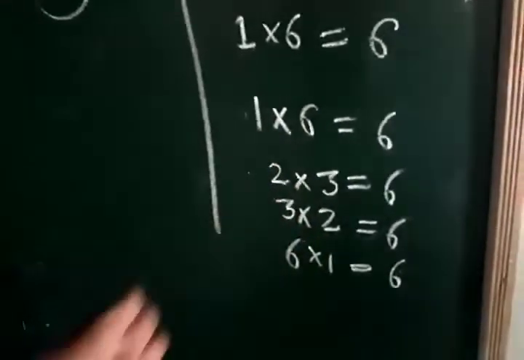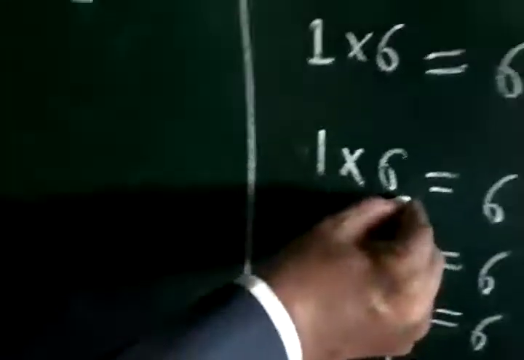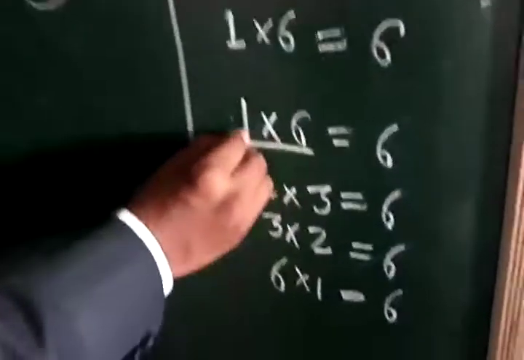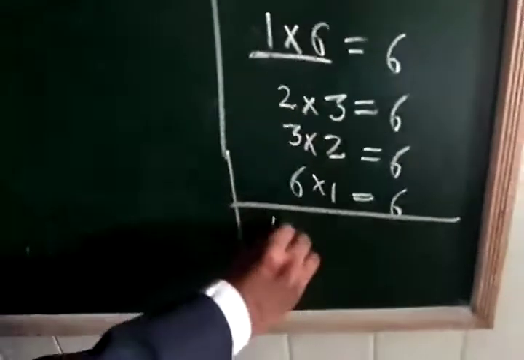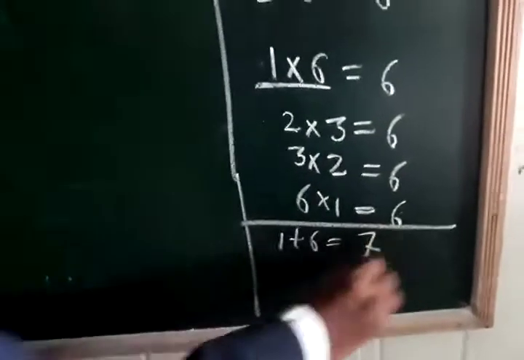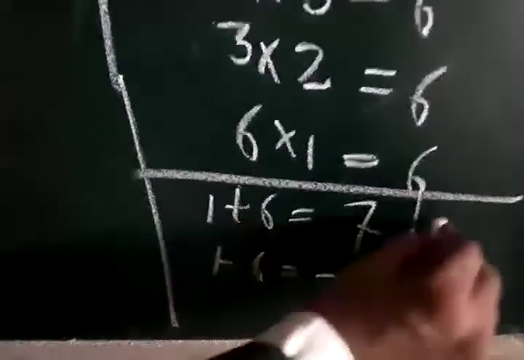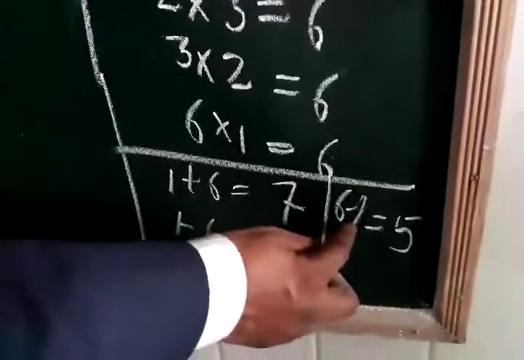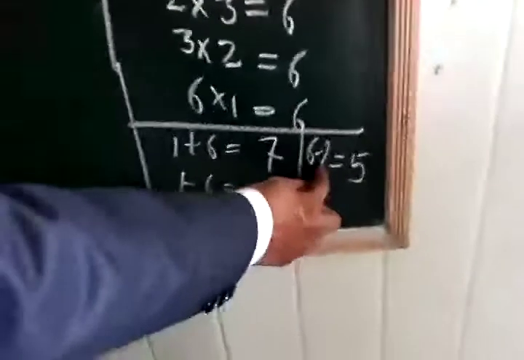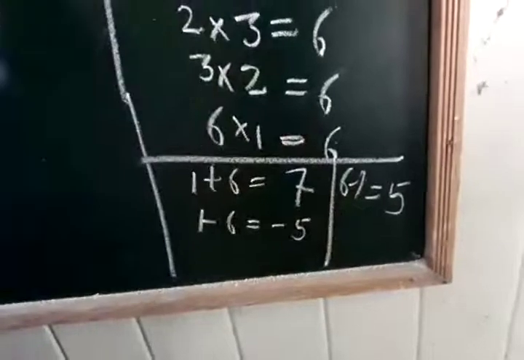When we add 1 and 6, that gives us 7. And 1 minus 6 gives us minus 5, or 6 minus 1 gives us 5.